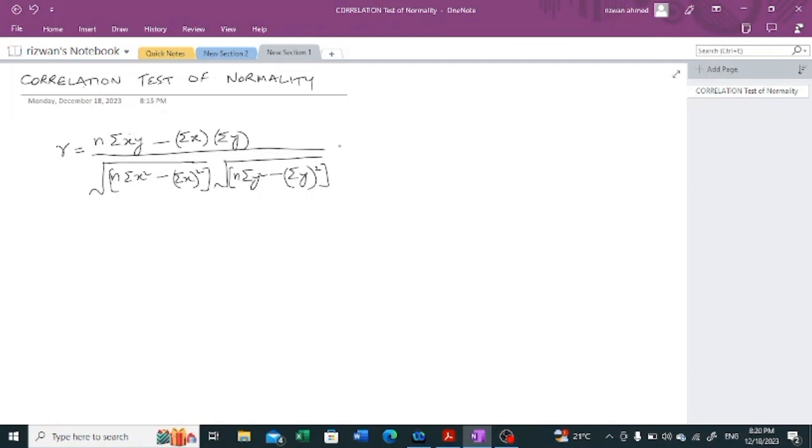What we can do here is take n common out from the numerator as well as from the denominator like this.